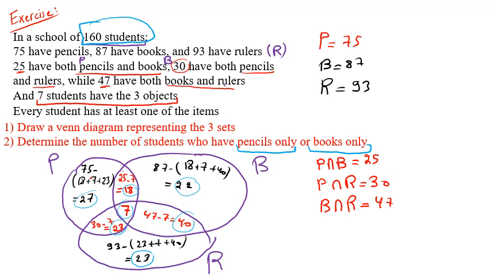When he says pencils only, it means no intersection with other sets. Pencils only is equal to 27 from the Venn diagram, and only books is 22. So 27 plus 22, the answer will be 49 students.